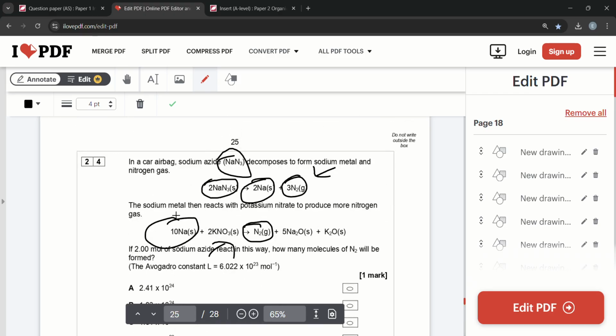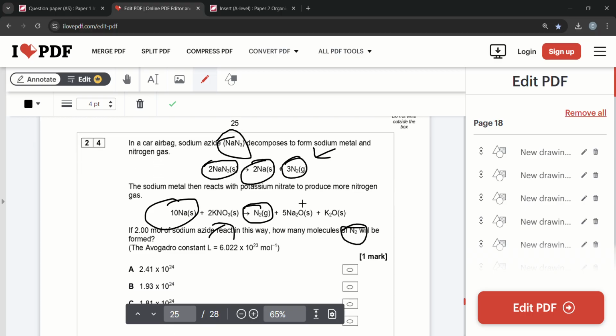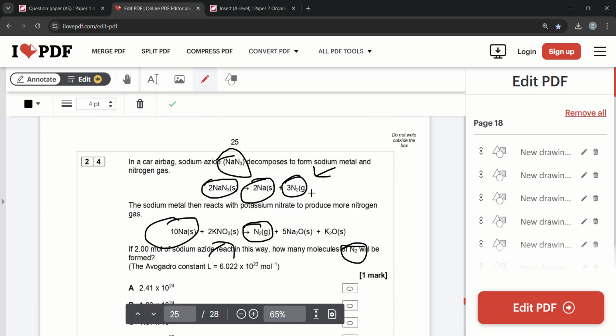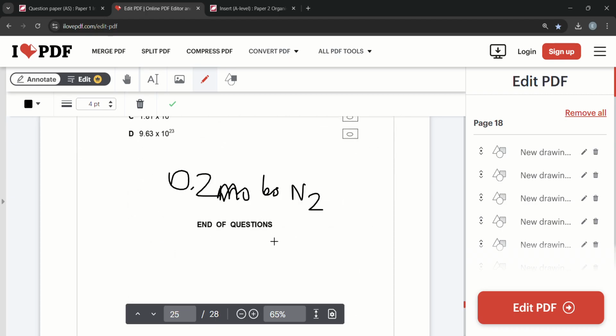But how many molecules of this will be formed overall? Well, we've got 3 moles and we've got 0.2. So it's going to be 3 plus 0.2, which is 3.2 moles.